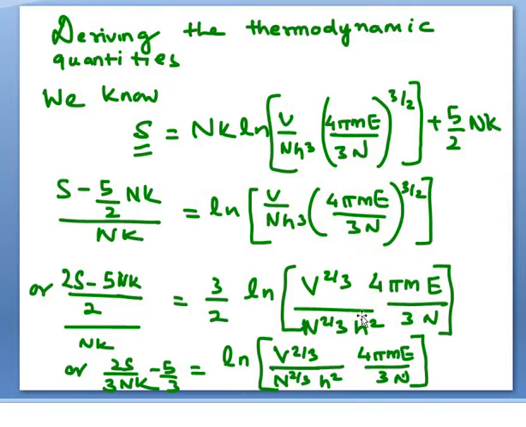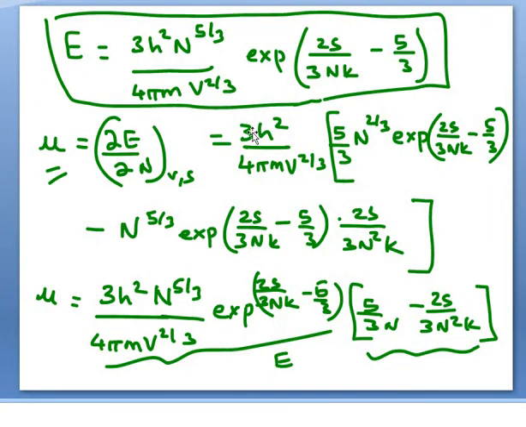So it comes v raised to 2 by 3, n raised to 2 by 3, h into 1 by 3 into 3 by 2 comes out to be h raised to minus 2, which is h square, 4 pi me by 3n. It comes up because you are using a logarithm. So finally bring 3 by 2 to this side, and finally you will get an expression of energy as 3h square n raised to 5 by 3 by 4 pi m v raised to 2 by 3, exponential of 2s by 3nk minus 5 by 3.